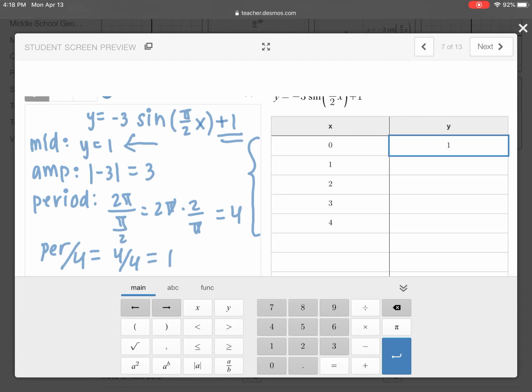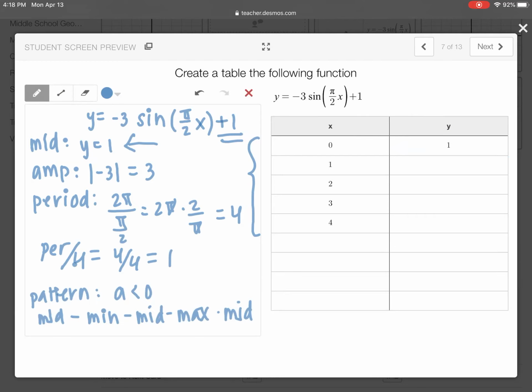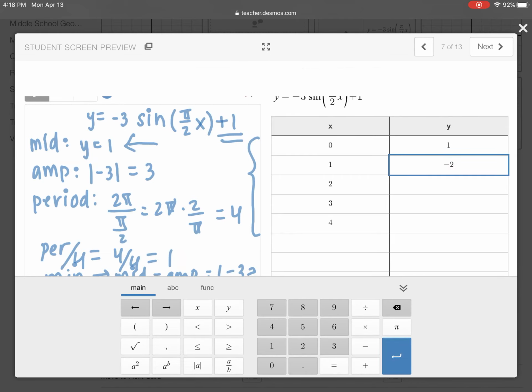So to find the minimum, you are going to take your midline and subtract your amplitude, which is 3, or 1 minus 3. 1 minus 3 gives you -2. So this point, your minimum, would be -2. And then your next one is back to your midline. And then your maximum, you're going to take your midline and add 3 to it. So 1 plus 3 is 4. And then we go back down to our midline.